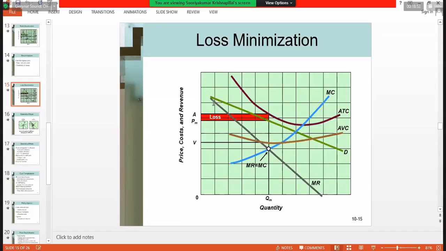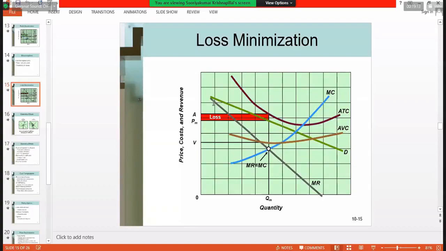Even though he is the only single producer of this product, he may get a loss. So we should not think that because he is the only producer, he never gets a loss. That depends on the consumer's demand also.